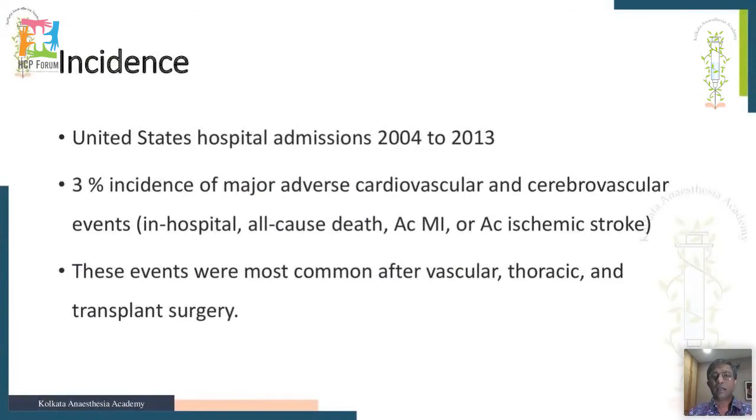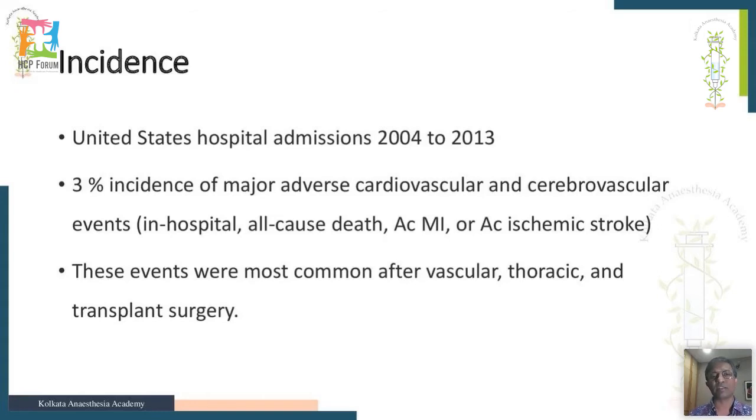If you look at the data from the American College of Surgeons National Surgical Quality Improvement Program, from 2004 to 2013, for non-cardiac surgery they looked at in-hospital major adverse cardiovascular and cerebrovascular events: all-cause death, acute MI, or acute ischemic stroke.